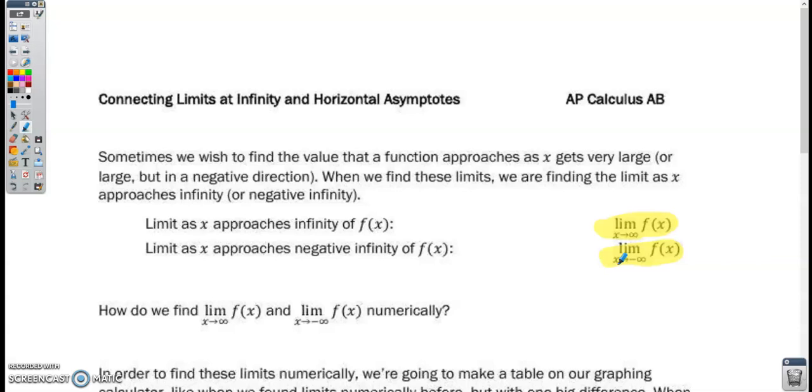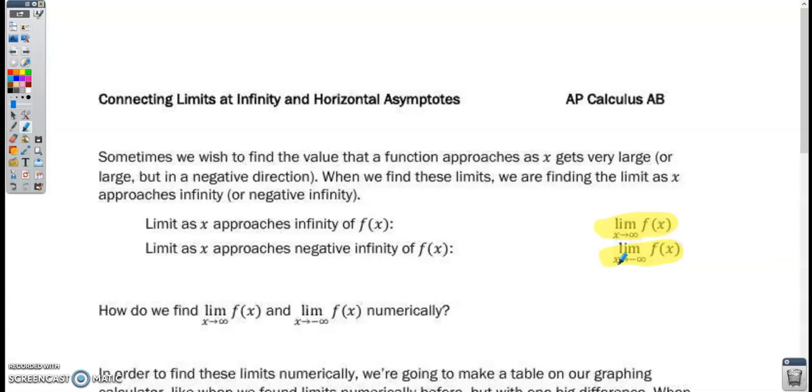And in all honesty, since I've been teaching AP Calculus, the vast majority of the time when I find the limit as x goes to infinity or the limit as x goes to negative infinity, I'm typically doing that numerically using a table of values generated on my calculator, and it's going to be a little different from how we were finding limits at finite values. There's an easier way to do it than if we tried to do it using those same old techniques that we had.